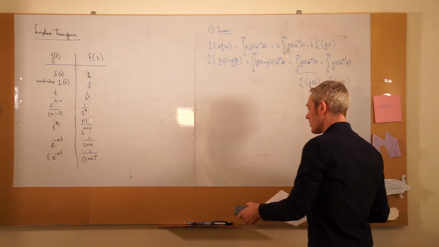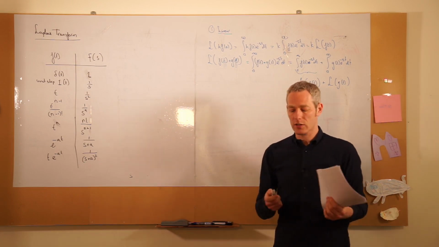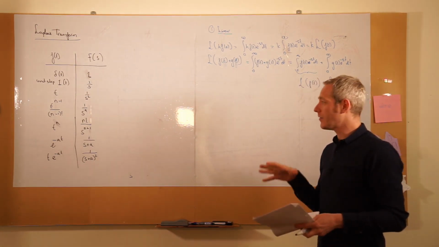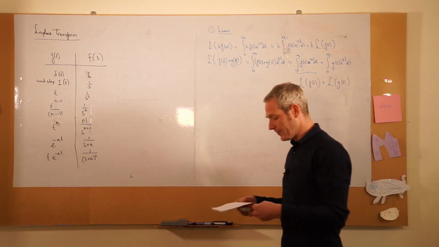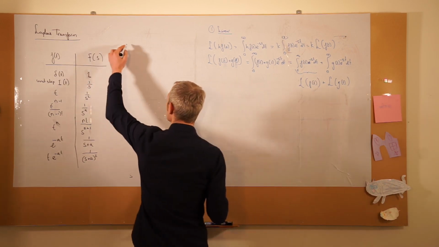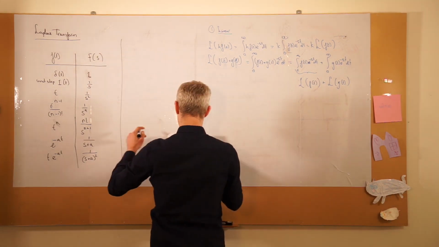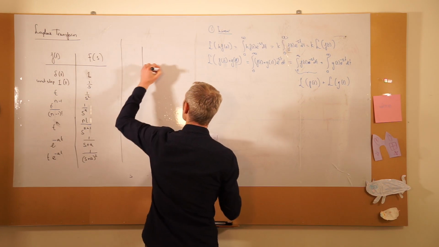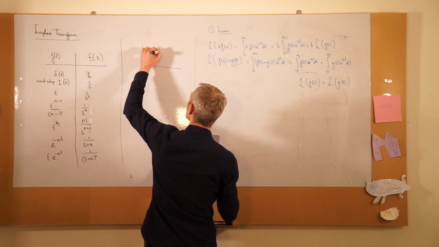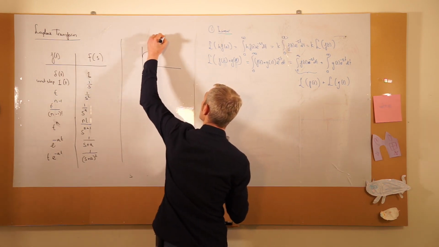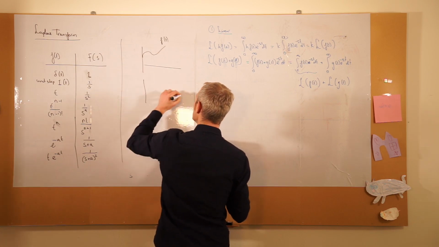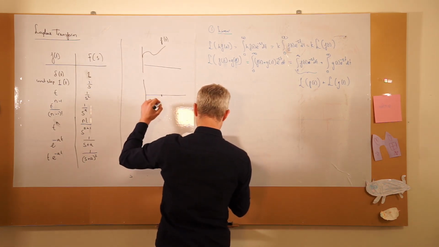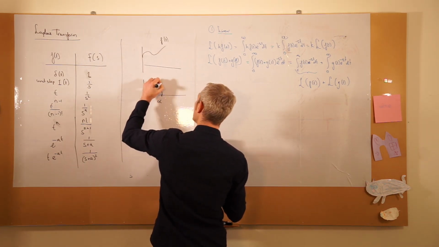All right, so we don't always just look at the function. Sometimes we take a function that we know and we change it. So if we take a function, just any function, f(t), sometimes we want to shift that function over a distance alpha.